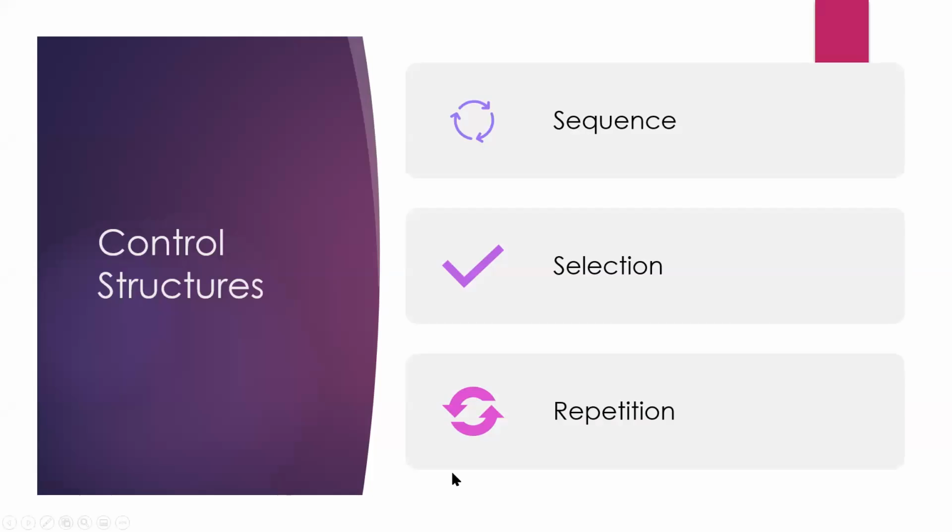To start with, there are 3 control structures we have to learn, right?